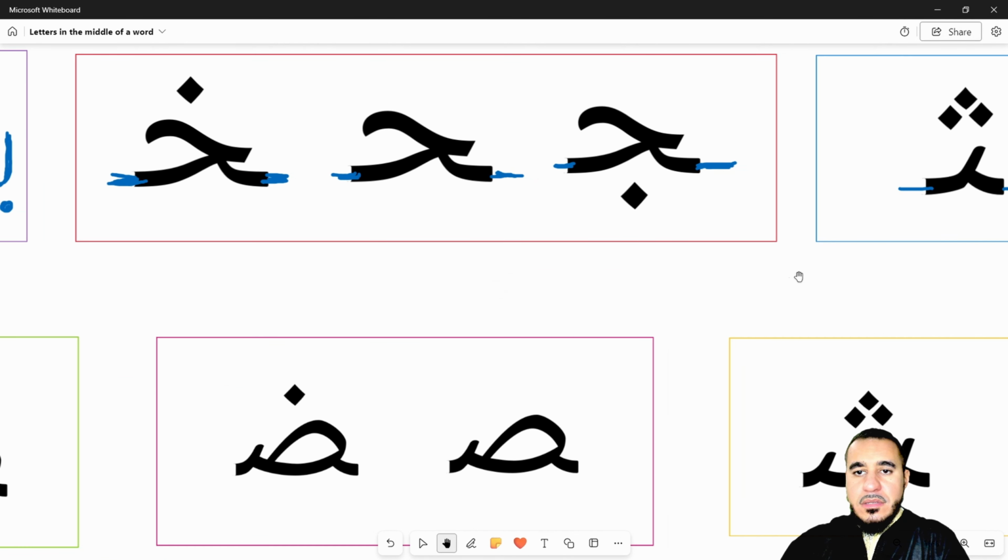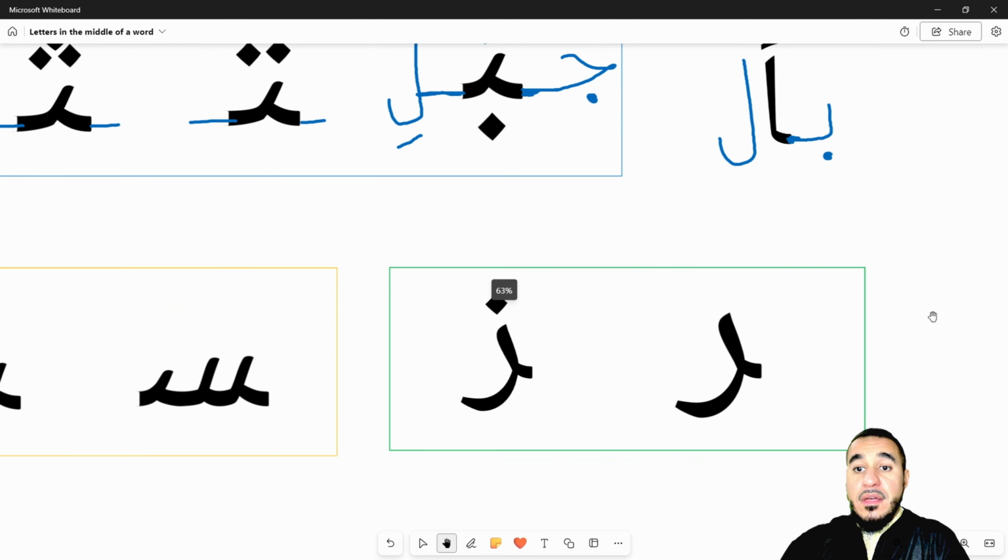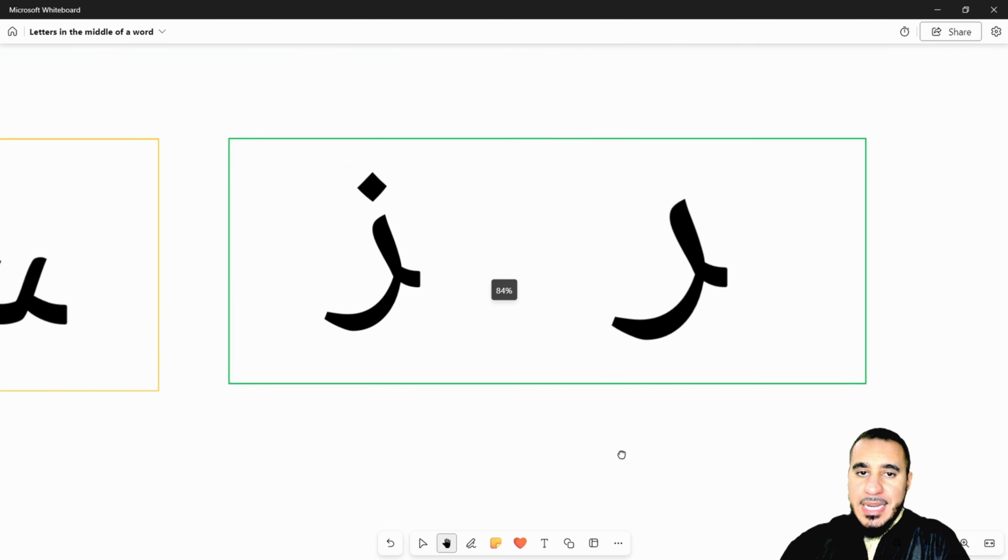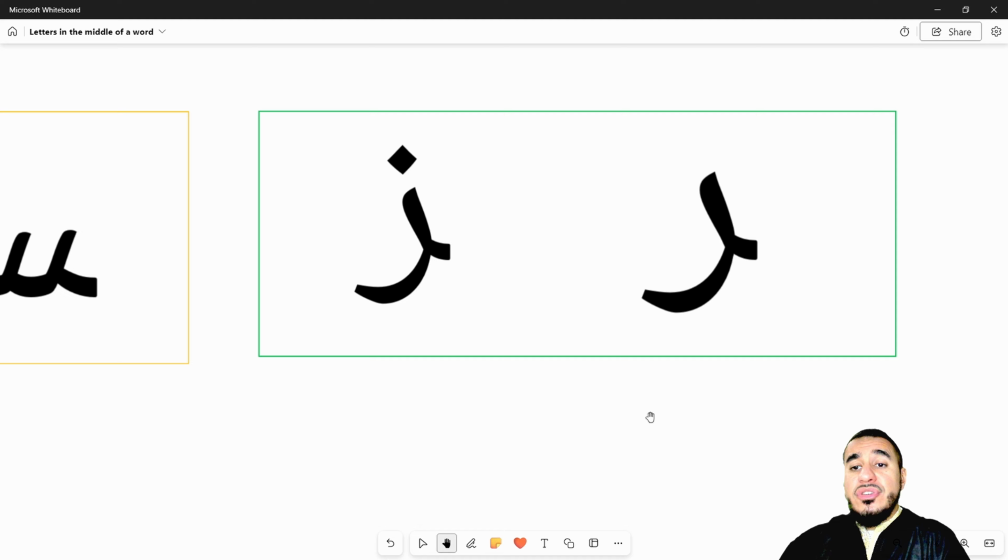Let's have a look at the ra and zay. So these are similar to the dal and the dhal. When they are at the start of a word, they do not attach to the next letter, okay? But when they are in the middle of a word, meaning that a letter comes directly before it and directly after it, then it will physically attach to the letter before it, like the noon, okay?